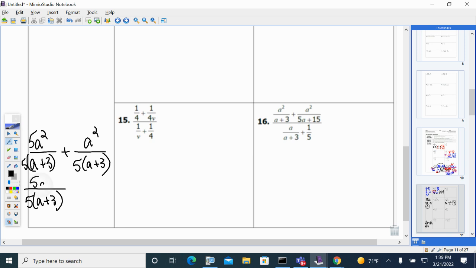So I have a 5a squared in the top plus. The second one is not going to change. And this is going to give me 5a squared plus another a squared is going to be 6a squared over the 5 times a plus 3. So that's my new numerator. That's the one I'm going to keep.